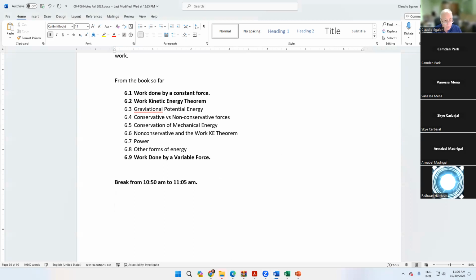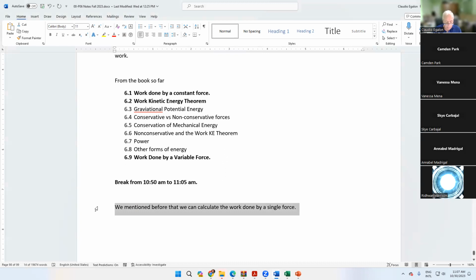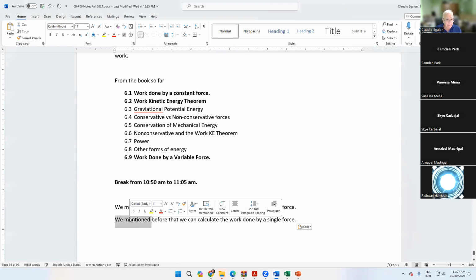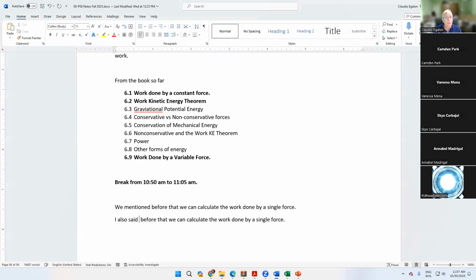Remember what we mentioned before, that we can calculate the work done by a single force. I also said that we can calculate the work done by a set of forces.